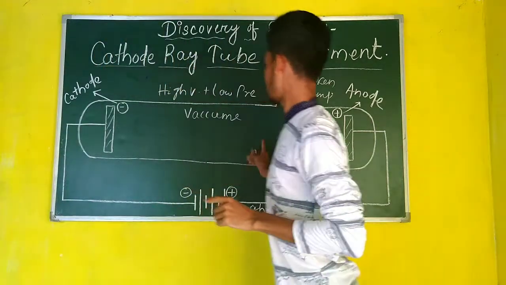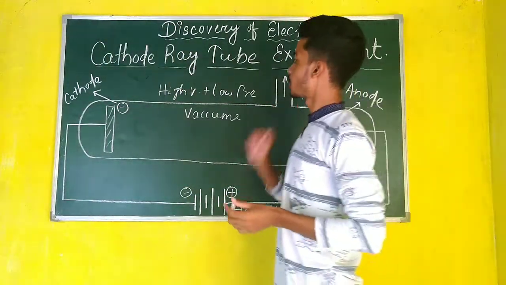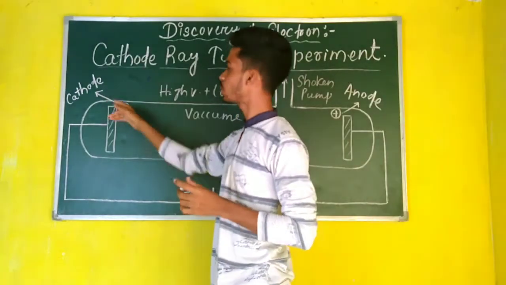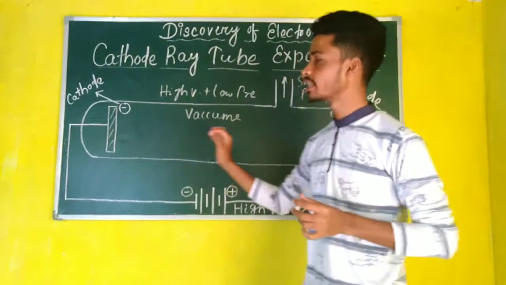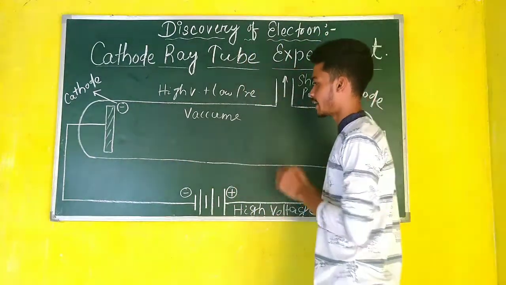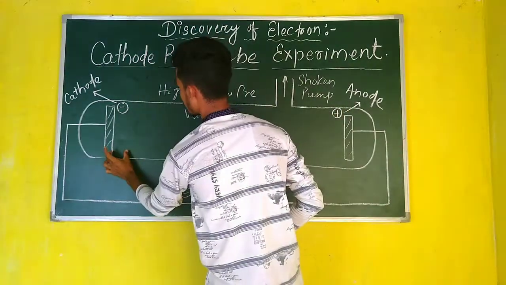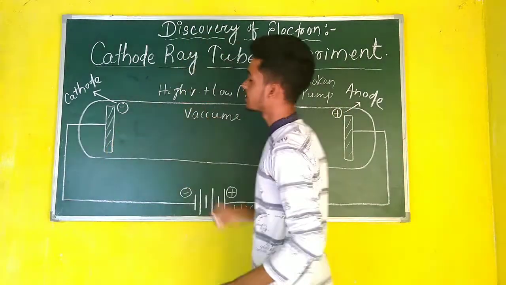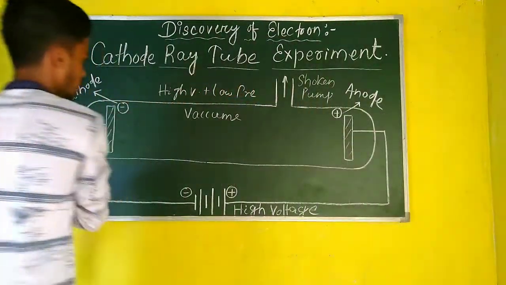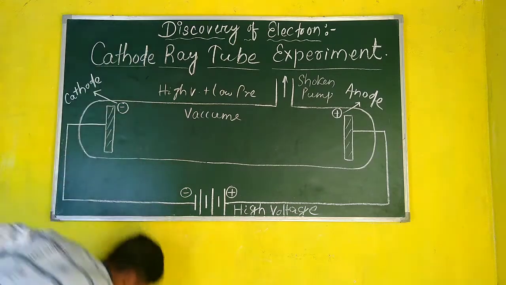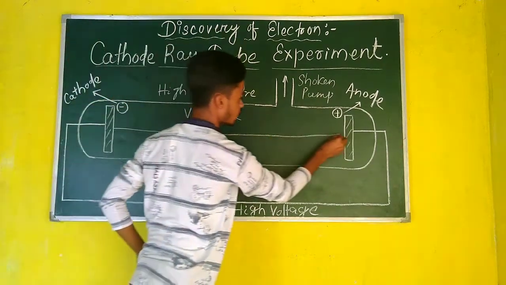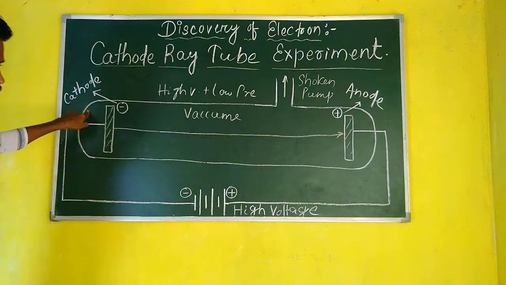Okay, so students, when J.J. Thomson gives high voltage and low pressure, on the negative electrode side, the cathode side, the density of electrons is very high, and in the cathode ray tube, on the negative electrode side, many particles are present.